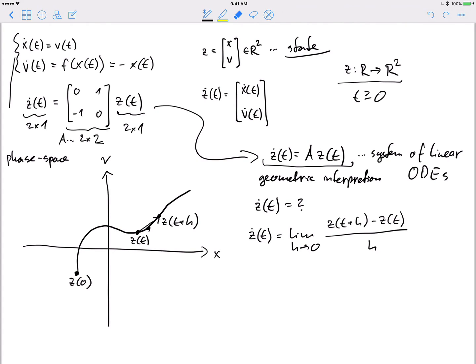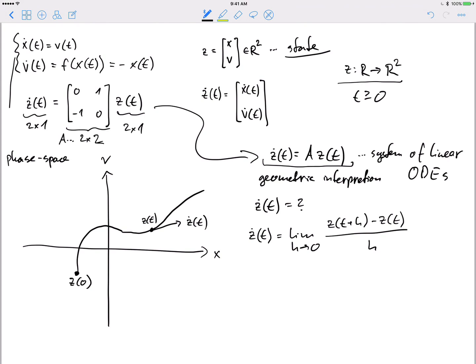What you get at the end of the day after the limit process is this. If your z(t) is here, then the derivative z dot t is the tangent vector at this particular point.